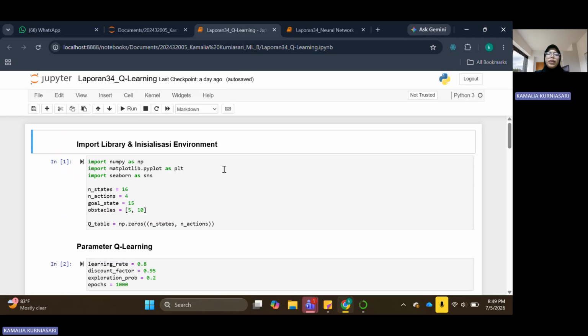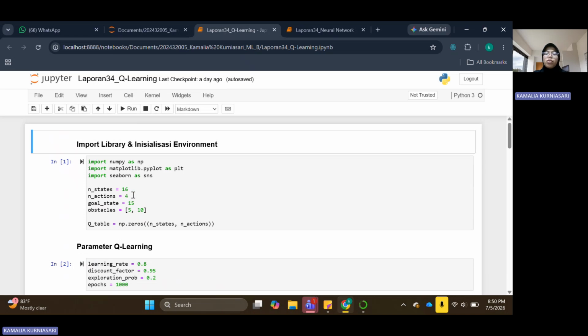And the grid world consists of 16 states, and there are four possible actions, one goal state, and several obstacle states. The four available actions are move left, move right, move up, and move down. The goal state was set at 15.